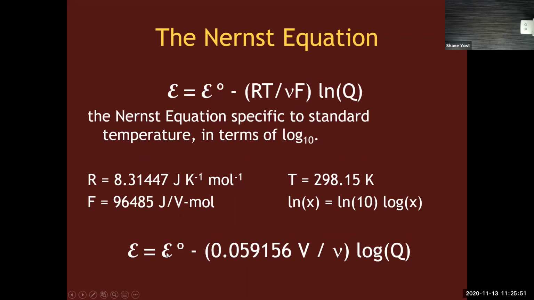Cell potential equals standard cell potential minus 0.059156 volts divided by V, the number of electrons being transferred, times log base 10 of Q. This form is used a lot when doing things at room temperature, and it's essentially used in your pH meters.